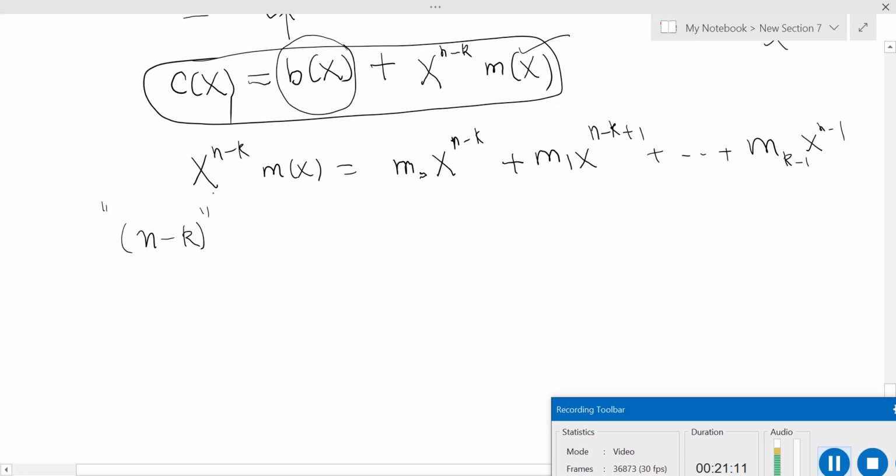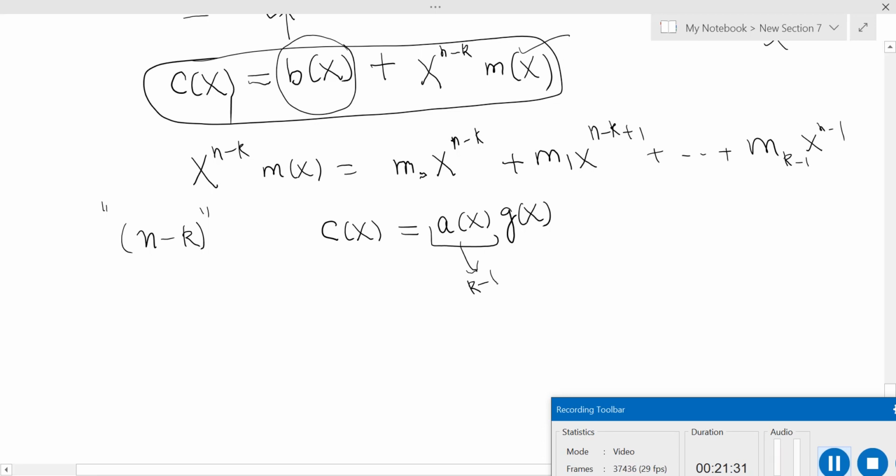Actually the logic is that you should get the code word by multiplying some polynomial with the generator polynomial. This polynomial should have the same number of bits as the message bits, hence it should have degree k minus 1.